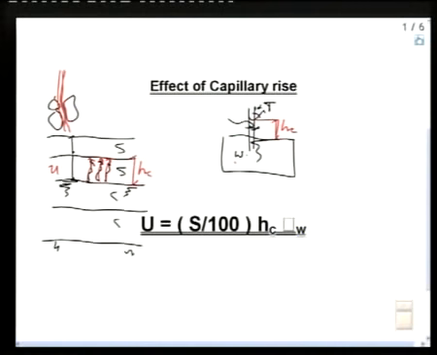Usually pore water pressure, we said U equals height of water multiplied by gamma water. But here it will be negative in direction.